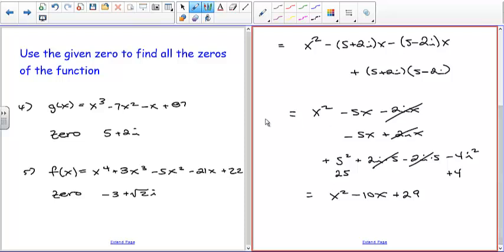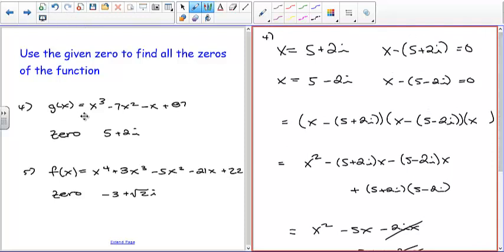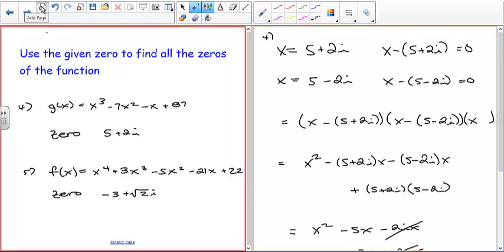Okay, now we still don't know what this third factor is here. This thing right here. So the way you do that is you take the original expression. Let me add a page right in here.